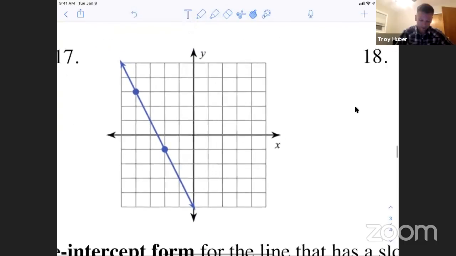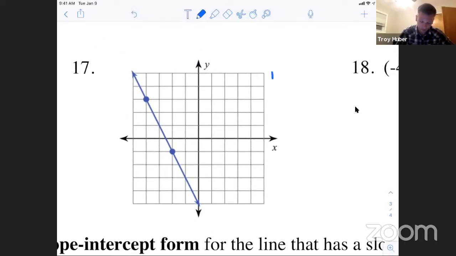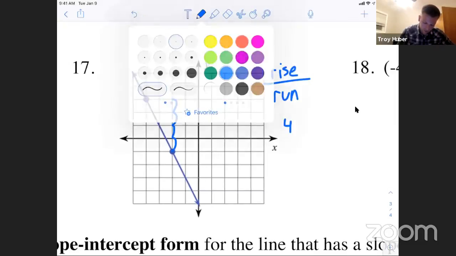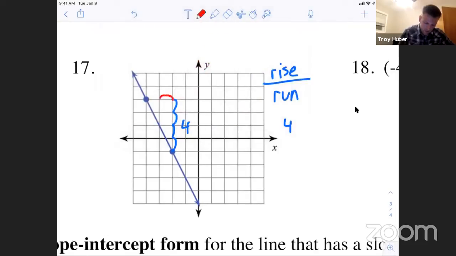Number 17. Remember, slope we can also say is rise over run. So our rise is 1, 2, 3, 4 over our run. Well, let's put 4 over our run, which is 1, 2. Now, very, very important.